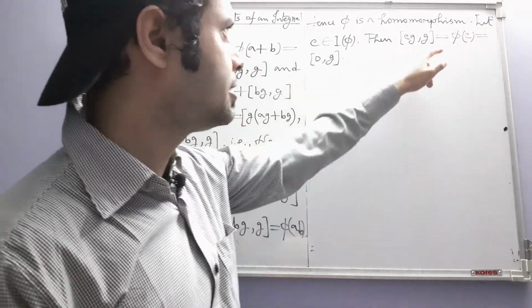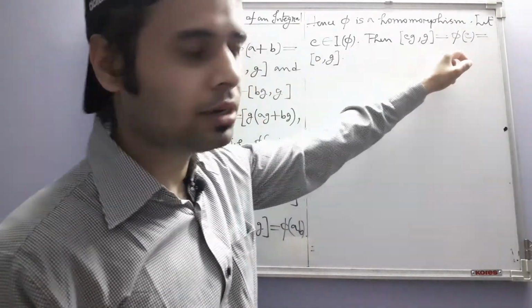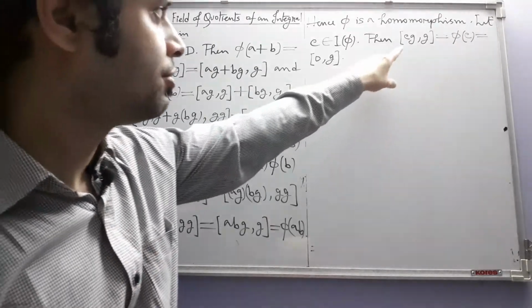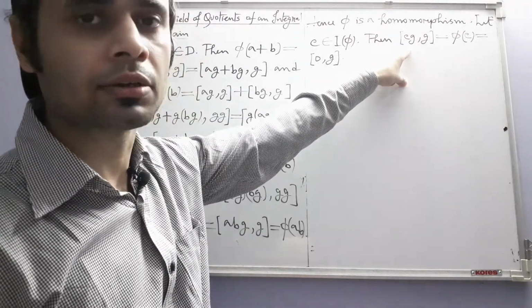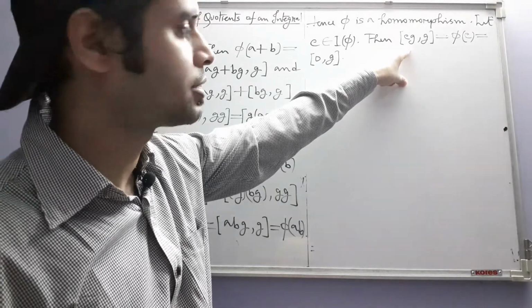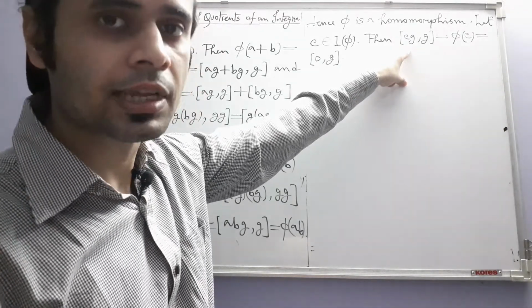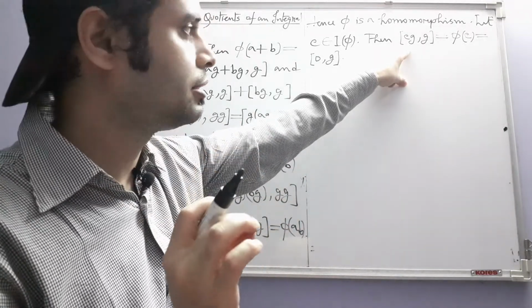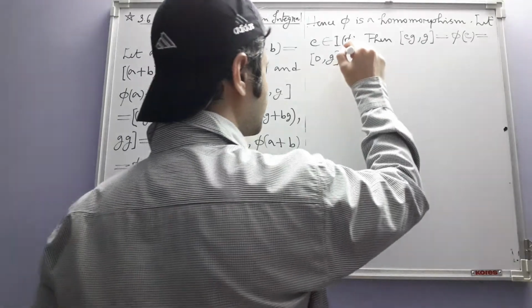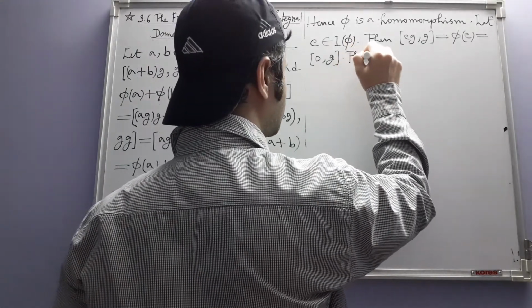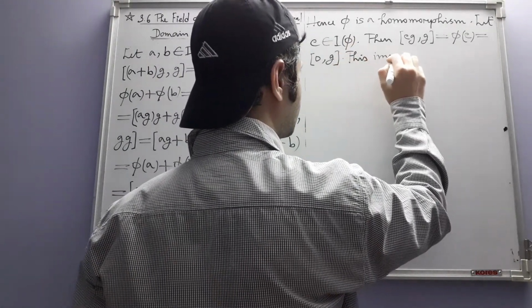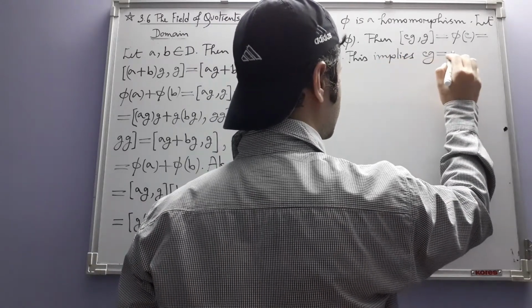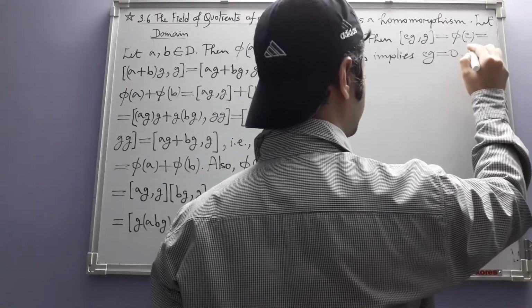Now we have already seen that an element in the field becomes the zero element if and only if this first component, which we are calling the numerator of this equivalence class, is itself the zero element in the integral domain. This implies Cg is equal to 0.